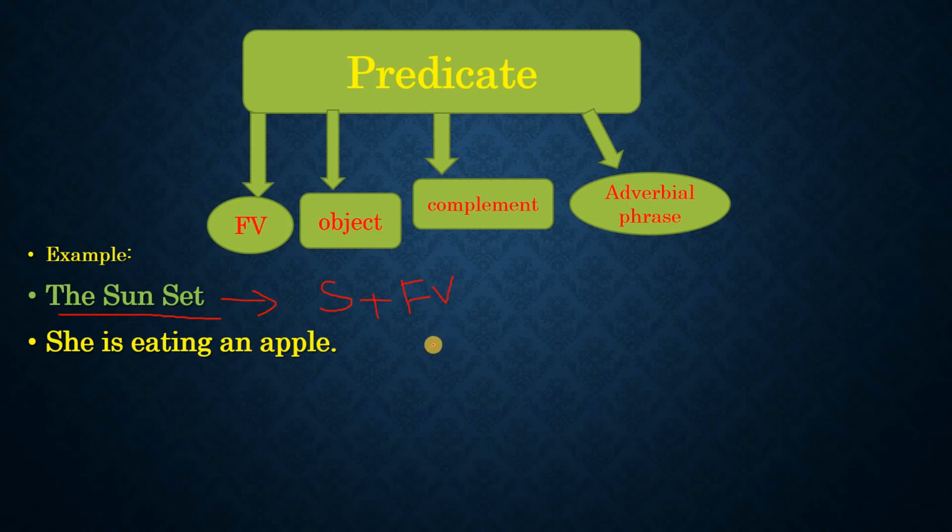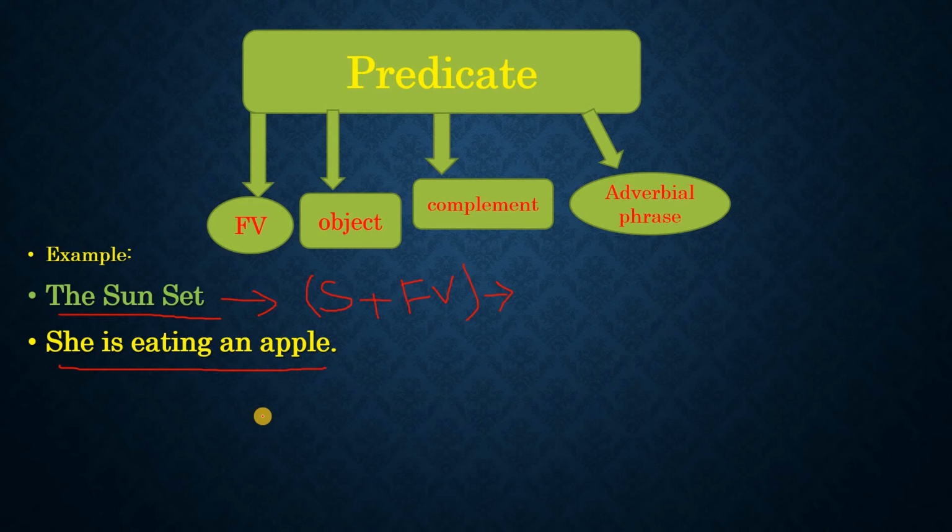Already I have told you subject and finite verb are common, that means compulsory. Now let's go to the next example. She is eating an apple.